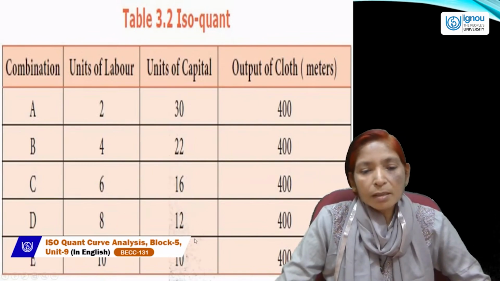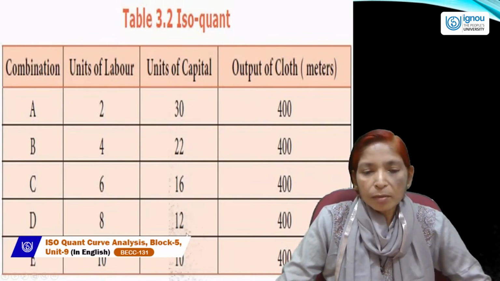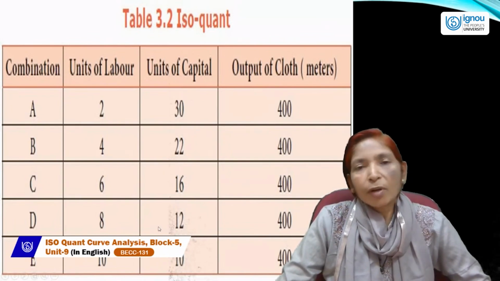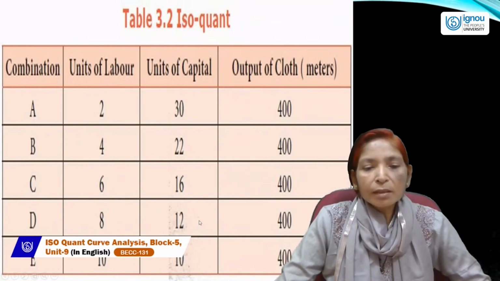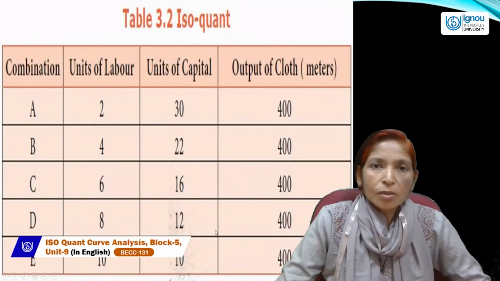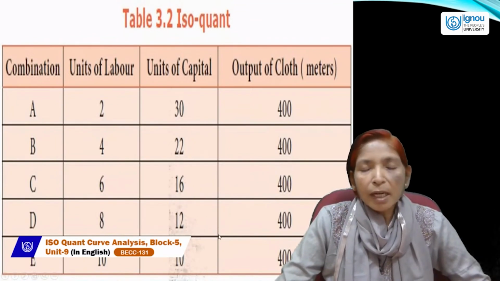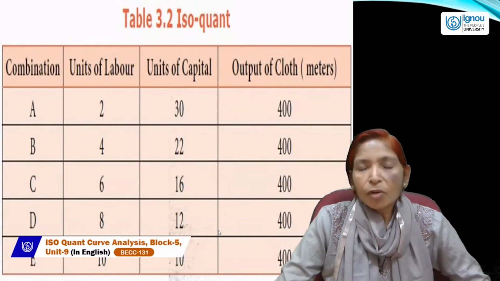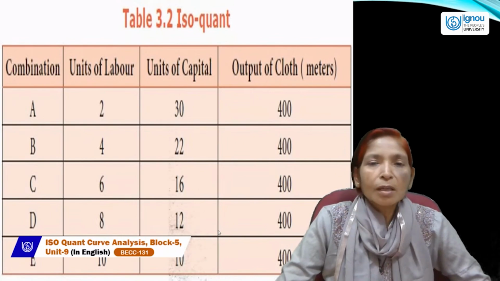And in the other case, the ratio will be 1 to 1, because the loss is 2 and the gain is also 2. So this rate is 4 to 1, 3 to 1, 2 to 1 and 1 to 1. So this is the diminishing rate. That's why the isoquant curve slopes downward from left to right and is convex to the origin.